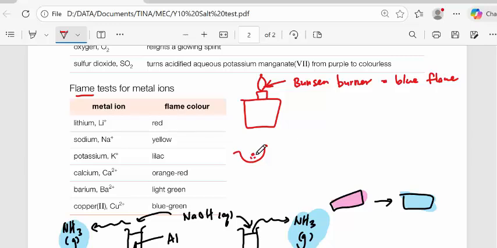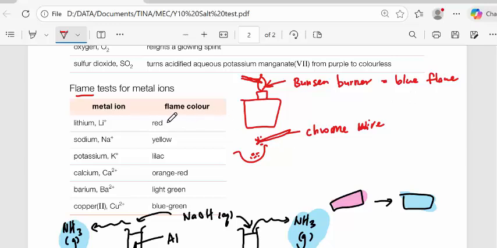You don't know what salt. It could be lithium chloride, potassium, whatever, sodium, calcium. What you do is you take a chrome wire, a metal wire lah, and then you dip the salt. And then you put it inside the blue flame of the Bunsen burner, and then you observe.